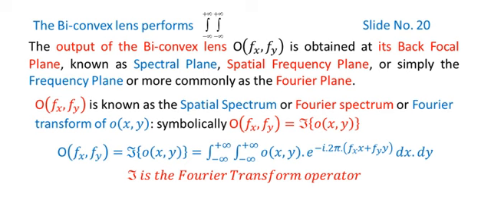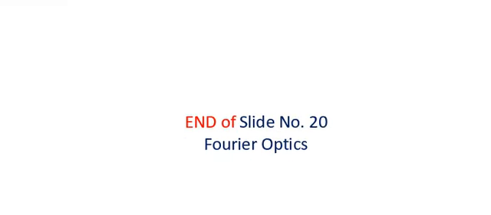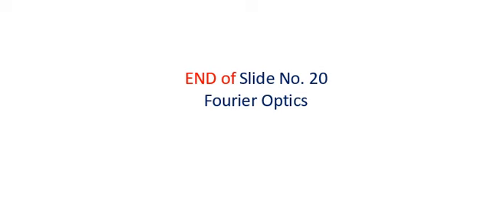The output of this Fourier operator operating on small o is on the left hand side, which is capital O, defined at the Fourier transform variables fx and fy. This operator, which we call the Fourier operator, is shown at the bottom of the line. Remember that this integral is the Fourier transform integral, and we shall be using it again and again in our next few presentations. This is the end of slide number 20.